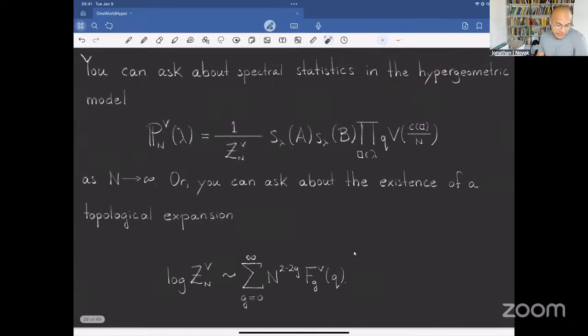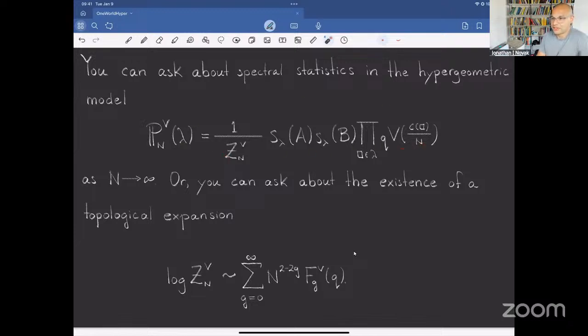And it's the same thing here, right? So we have this class of hypergeometric distributions on Young diagrams with at most n rows. We're thinking about that like n by n matrices. And we can either ask about spectral statistics in this model of random Young diagrams.